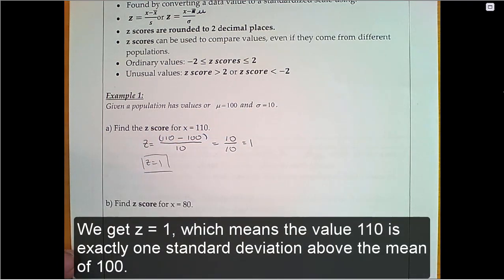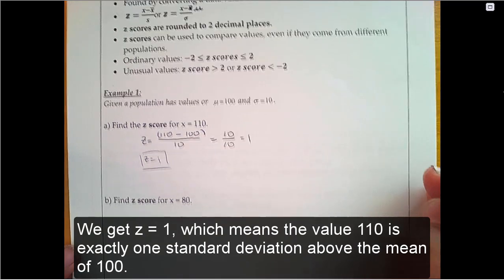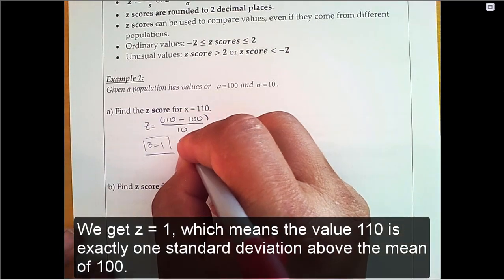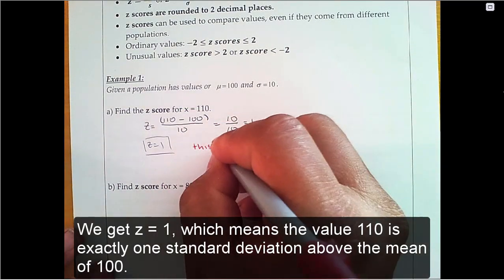We get z equals 1, which means the value 110 is exactly one standard deviation above the mean of 100.